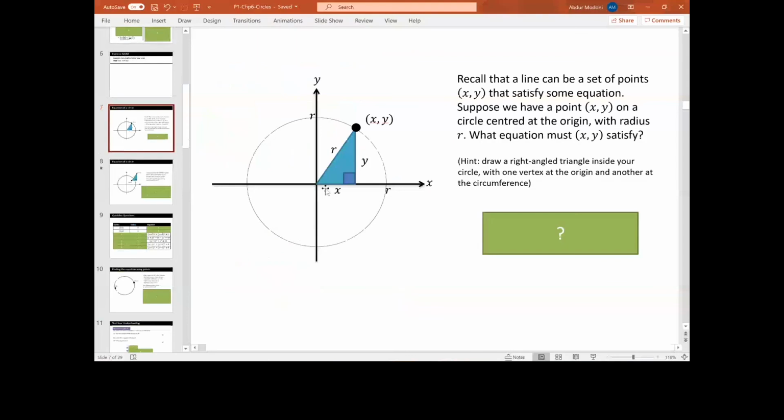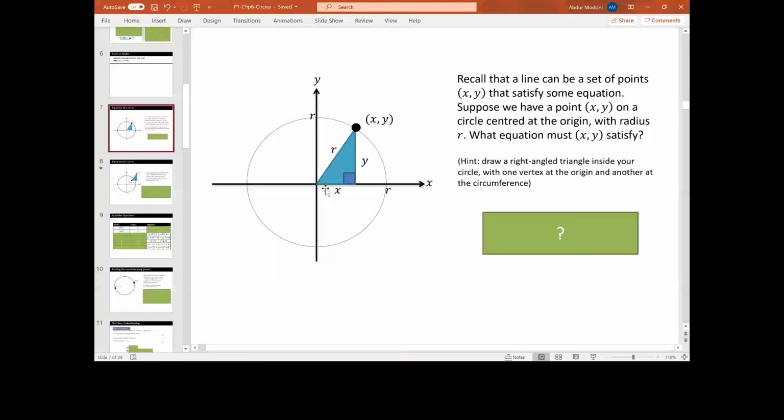Here's a circle, as you can see, and the center of this circle is at the origin. We've got a general point on the circle marked with x and y. We don't know what x and y are. Any point on the circle will have coordinates x and y. So those x and y represent the x and y in our equation.